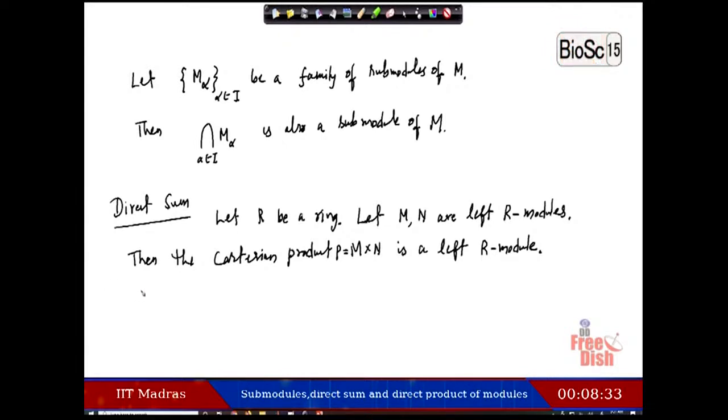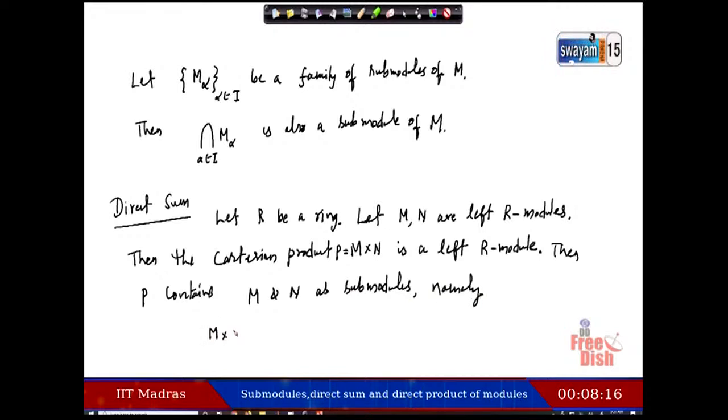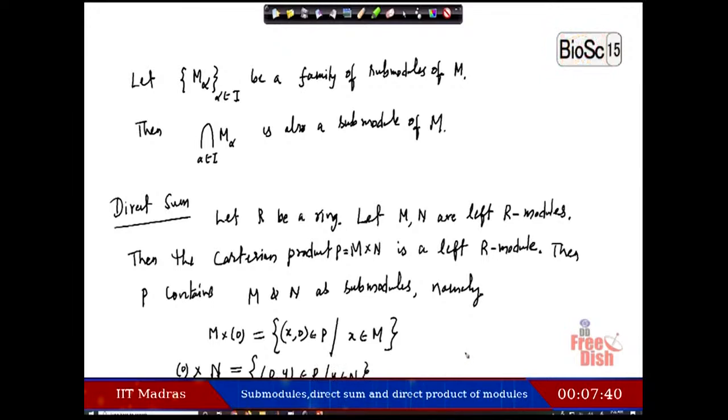Then P contains M and N as submodules, namely M cross {0}, the set of all (x, 0) belonging to P such that x belongs to M, and {0} cross N, the set of all (0, y) belonging to P such that y belongs to N. So, we can view M and N as submodules of the Cartesian product in this way: M cross 0 and 0 cross N.